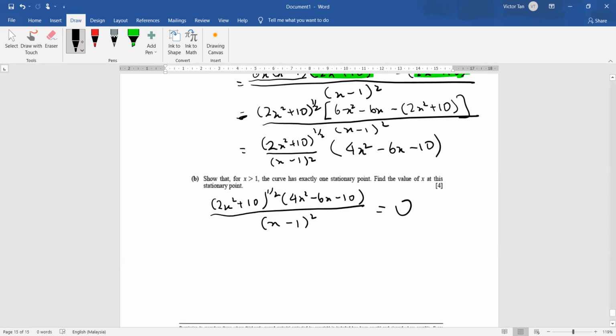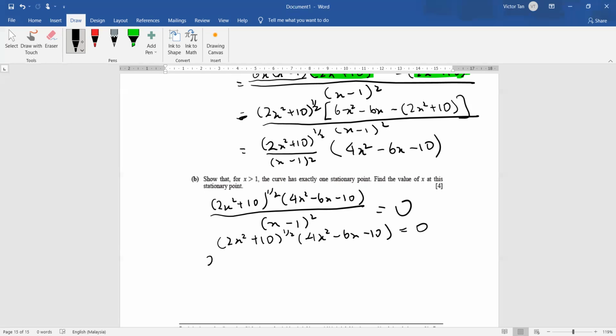Okay. So you have 2x squared plus 10 to the power half, times 4x squared minus 6x minus 10, equals 0.